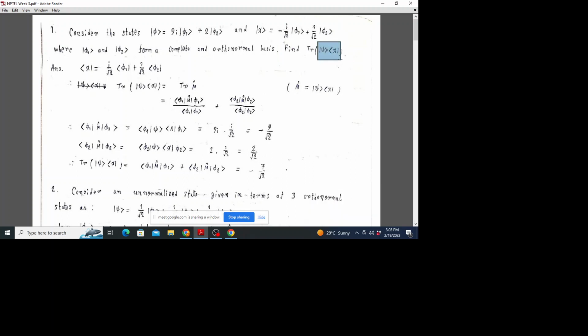This is called an outer product. If we write a ket first and then a bra on the right hand side of the ket, that denotes an outer product. So, are you familiar with how to take these outer products? They are also called Kronecker products.